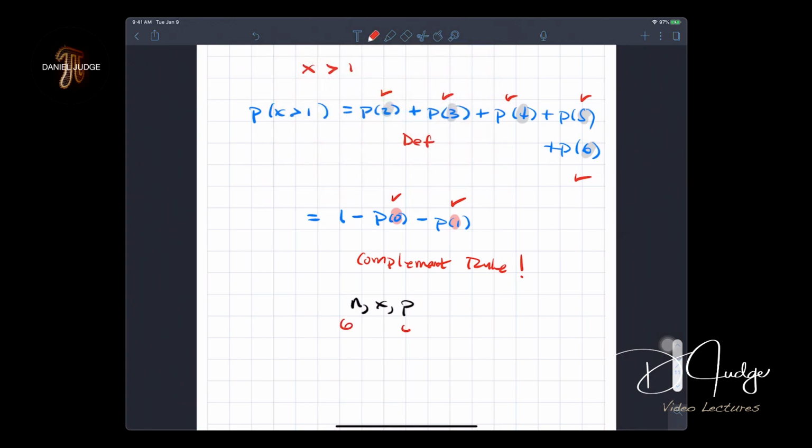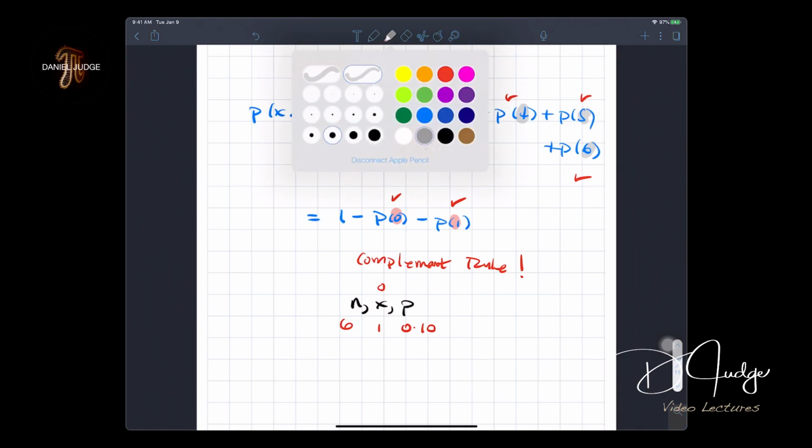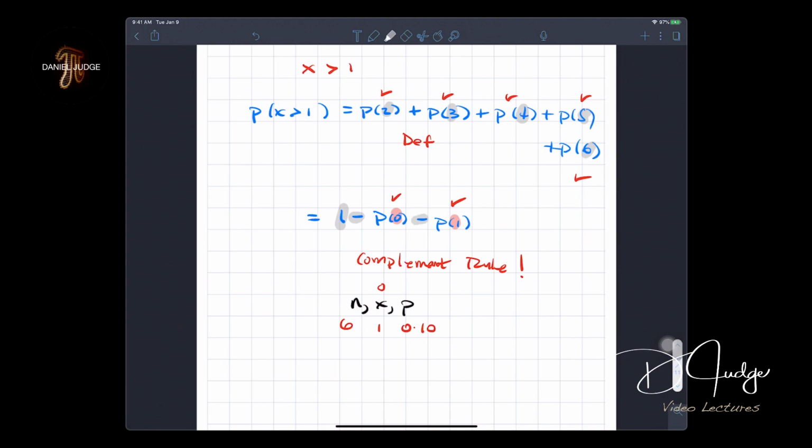N is 6, little p is 10%, because being a success is being left-handed. And in this case, X is 0 and X is 1. So don't forget, we're going to say 1 minus each of these values all together.